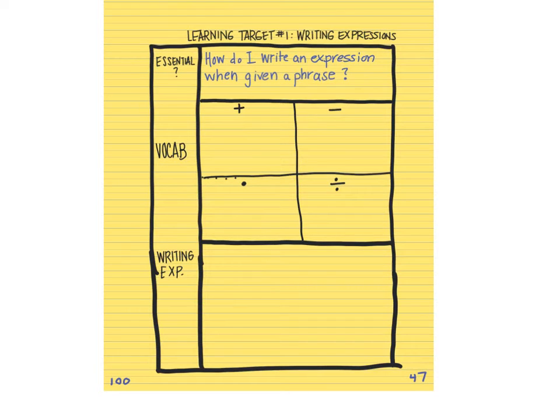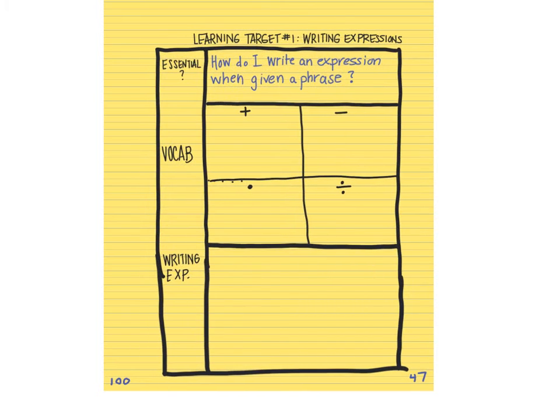So this is the beginning of our first learning target, which is writing expressions. Our entire unit is based on expressions, and today we're going to be talking about writing expressions. So let's go ahead and get into what that actually means.